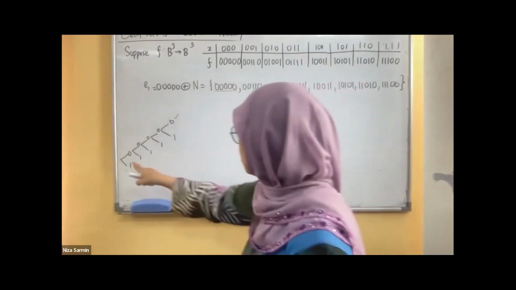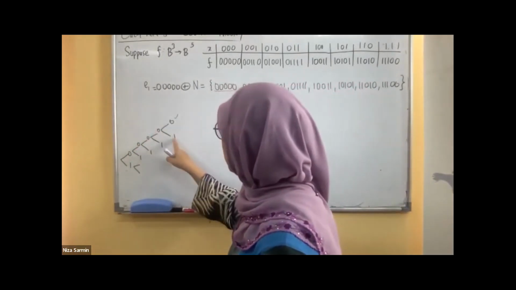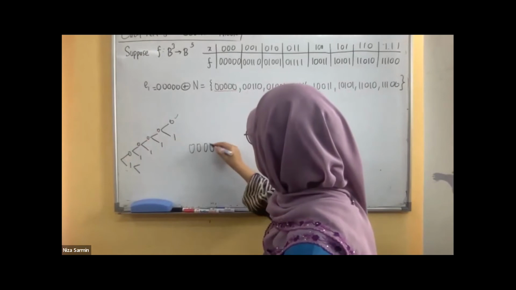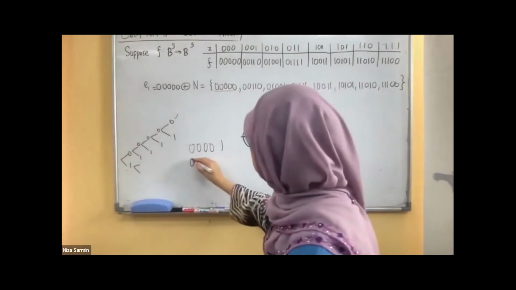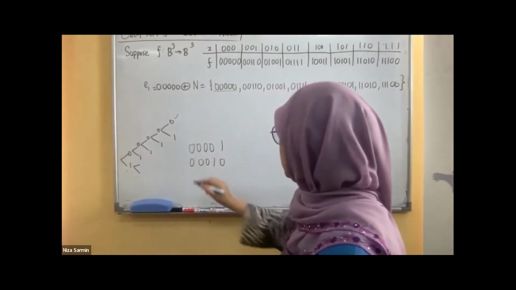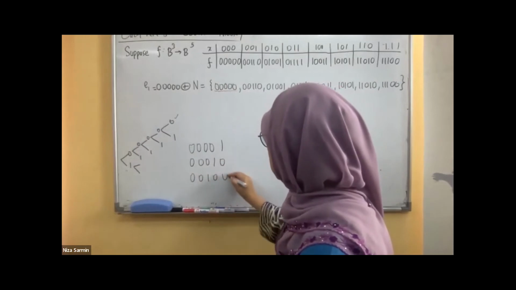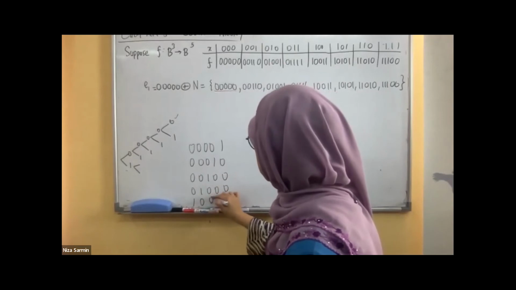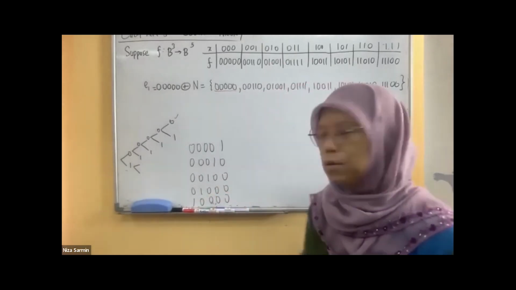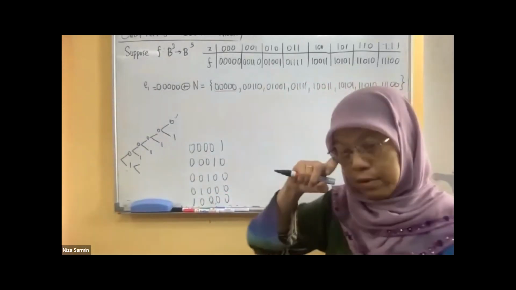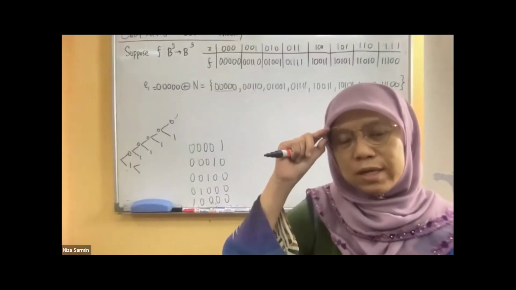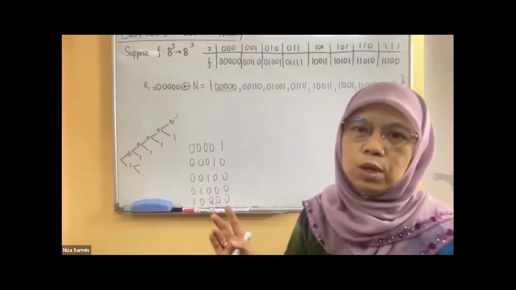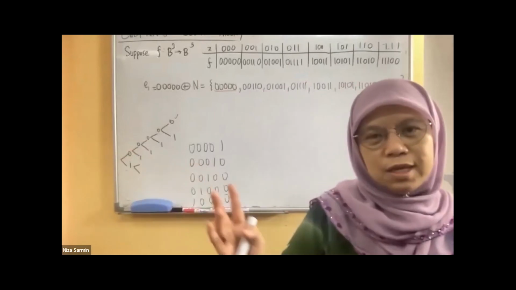So we have to put a number with 1. 0, 0, 0, 0, 1. This one, right? Or you can put this one, or this one, we have 1, 2, 3, 4, 5. You can actually pick any one, but I normally will pick the one with the least value.